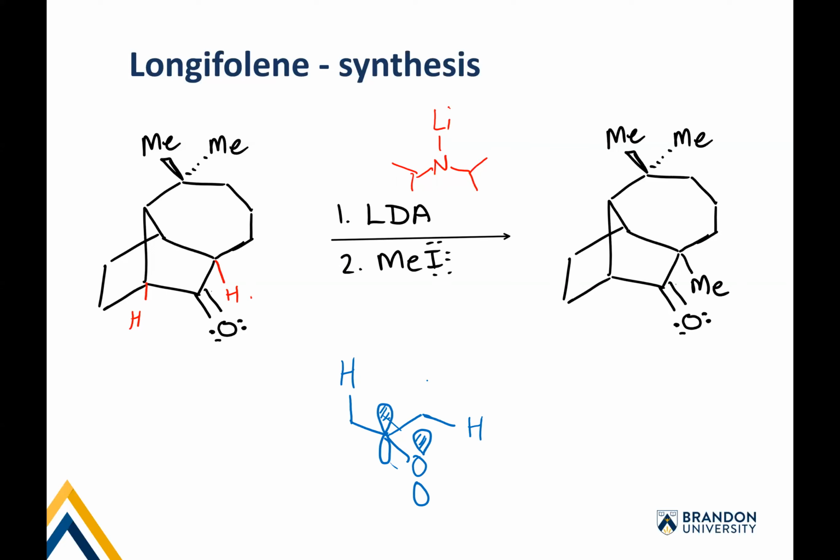If you're making an enolate, so here's our carbonyl. Carbon, oxygen, double bond. Carbon next door, so an alpha carbon. Carbon next door, alpha carbon. If you're going to generate the enolate, I'll draw that over here.